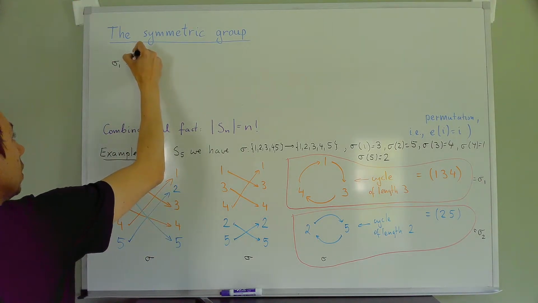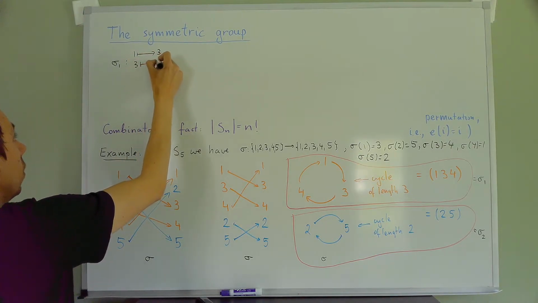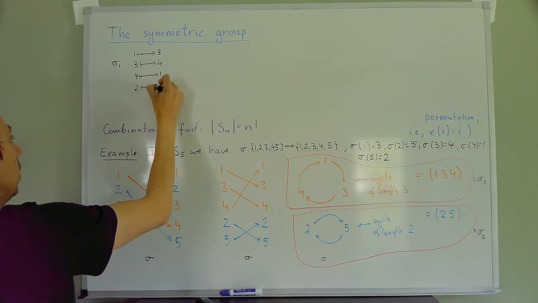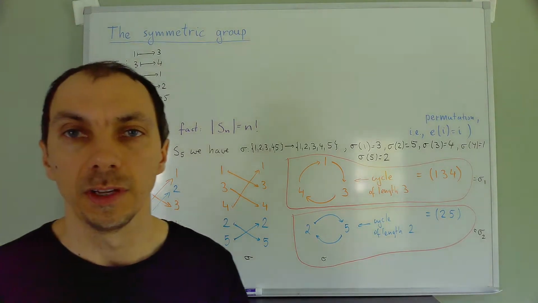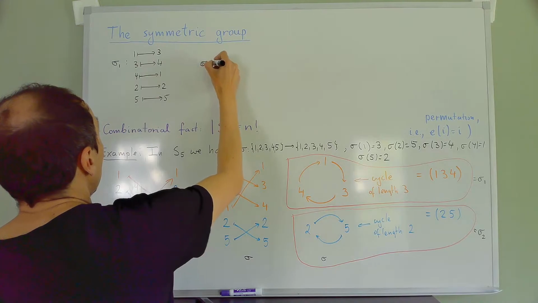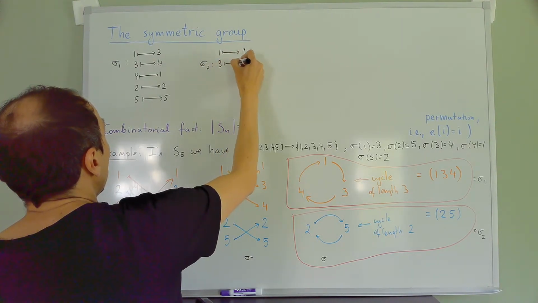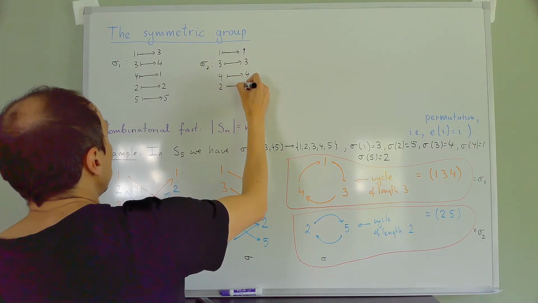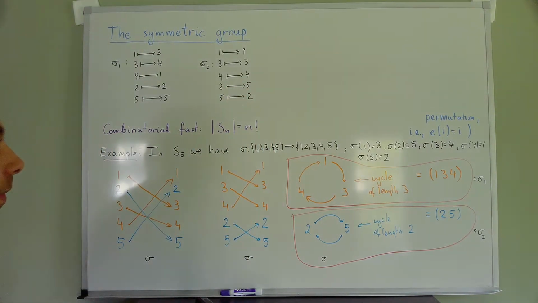It sends 1 to 3, 3 to 4, 4 to 1, and it doesn't do anything to 2 and 5. So it sends 2 and 5 back to themselves. On the other hand, sigma 2 doesn't do anything to 1, 3, and 4, but it sends 2 to 5 and 5 to 2.